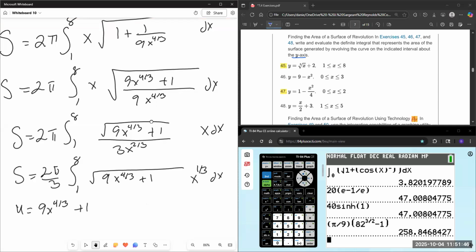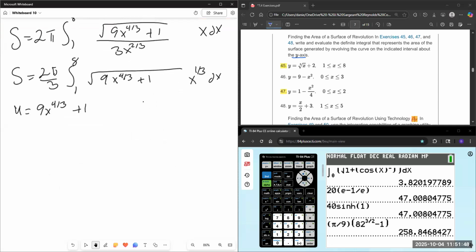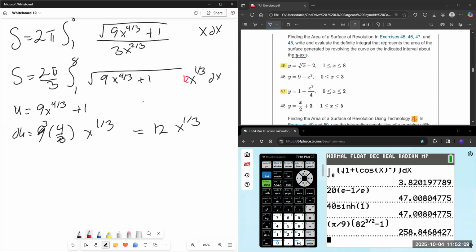That makes du equal to 9 times 4/3, x to the 1/3. 3 goes into 9 3 times, so this is 12 x to the 1/3 power. So I need a 12 on the inside and a 1/12 on the outside.